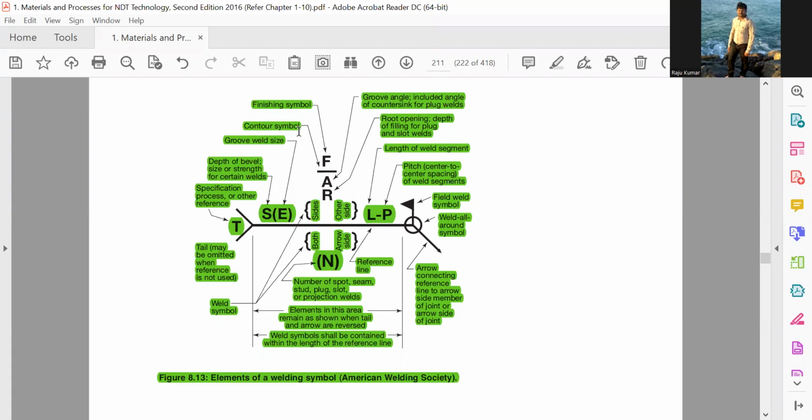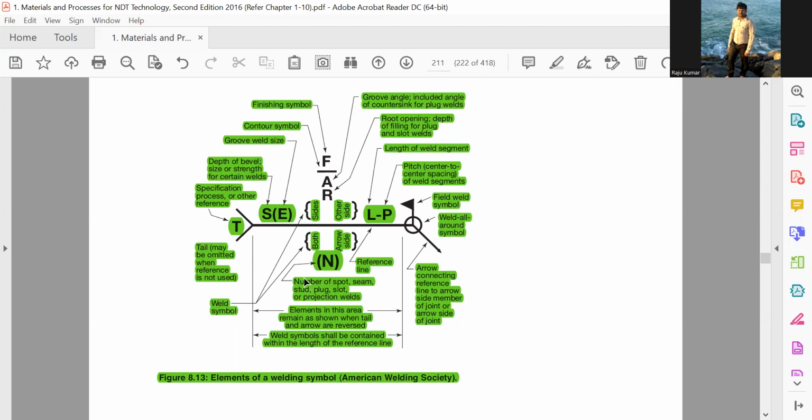Finishing symbols, contour symbols: contour is rough or plain or ground, polished. Groove weld size, depth of the weld, strength of certain welds. Specification, process or other reference may be omitted when reference is not used.